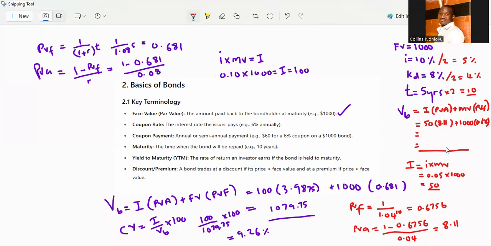What becomes your answer? So what type of a bond is that? Is this still a premium bond?